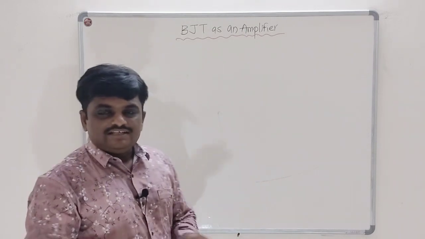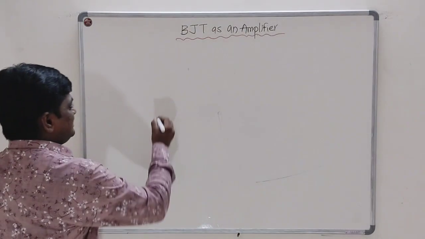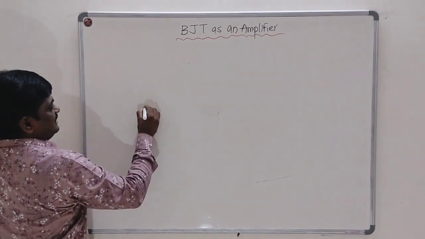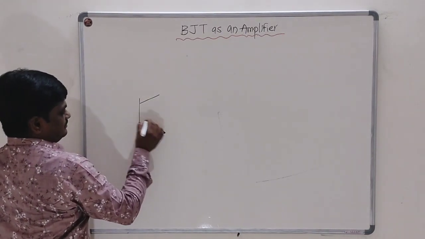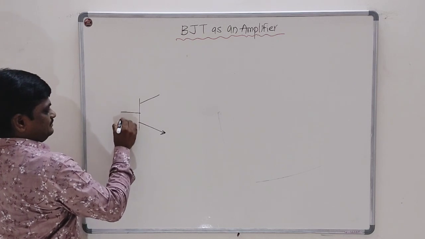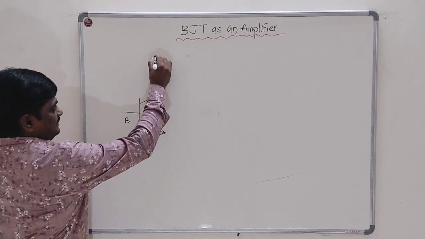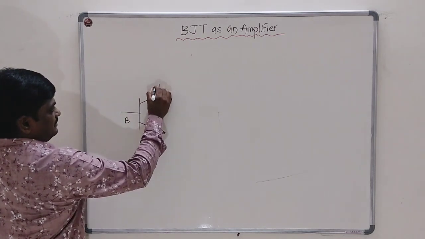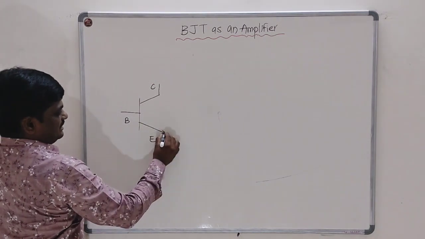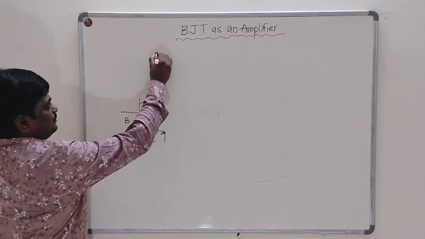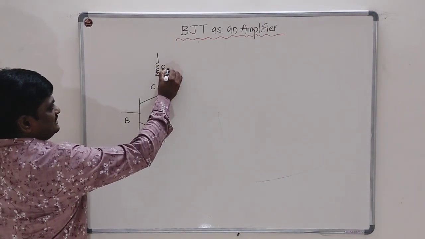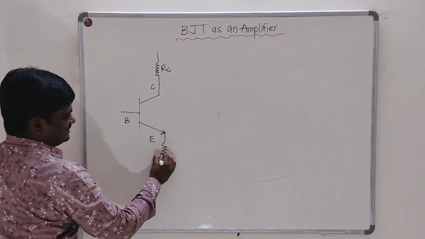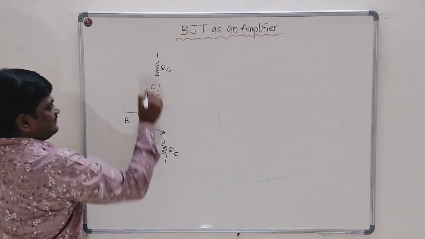So first I'll draw the voltage divider bias circuit. First I have the transistor: the input terminal is base, the output terminal is collector, and the common terminal is emitter. In the voltage divider bias circuit there are four resistors. One is in series with the collector, second is in series with the emitter.